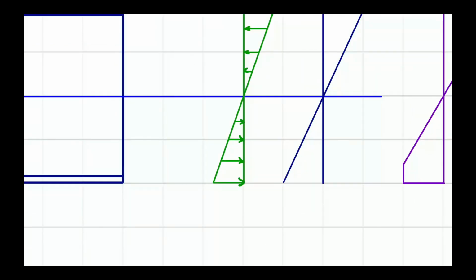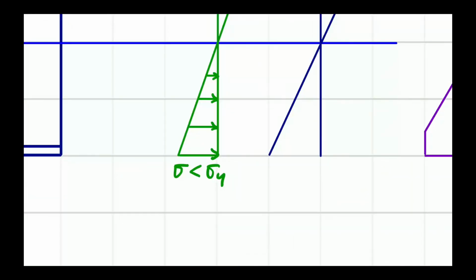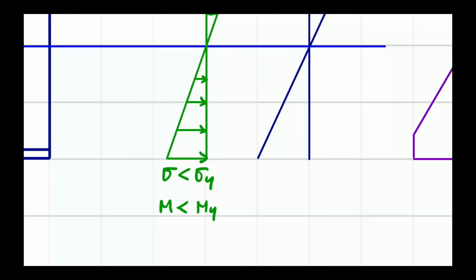The stress here is less than sigma y. So the M is less than My. The current moment is less than My.